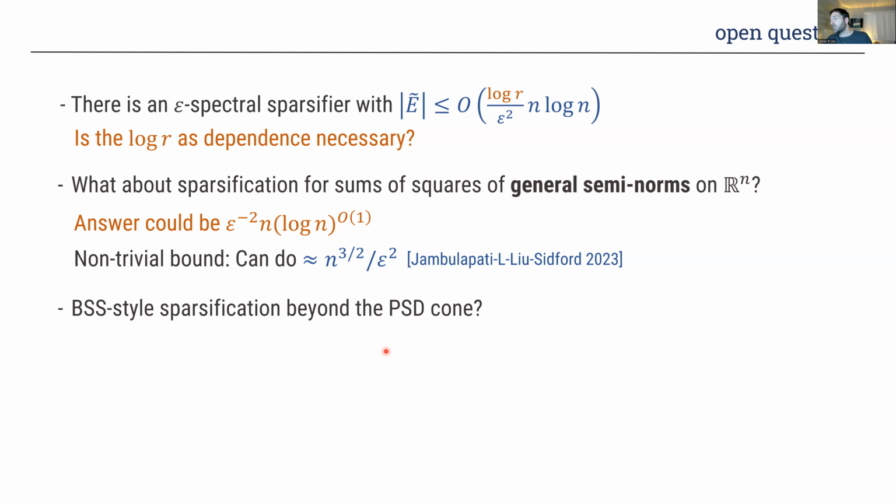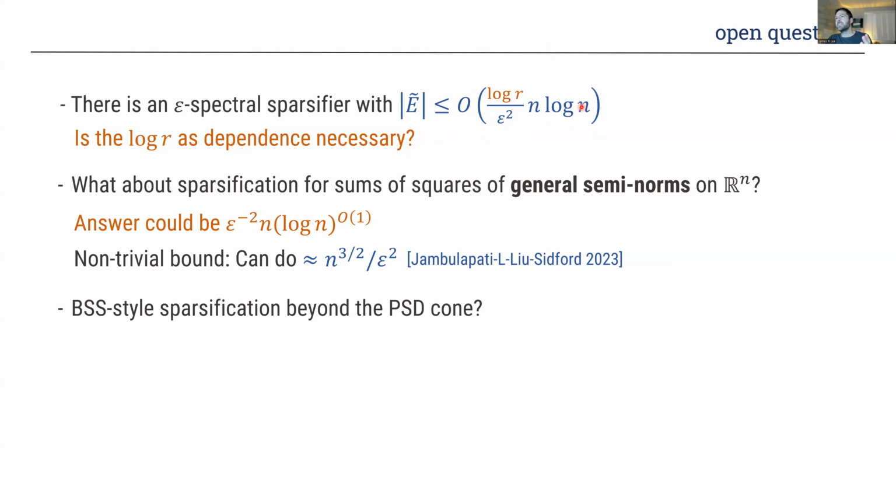And suppose you go beyond one-dimensional, even to two-dimensional, I believe that we don't know the answer there. So I believe that even for sums of squares of two-dimensional norms, you can ask the question of, can you get near linear sparsification? We know you can do near linear.